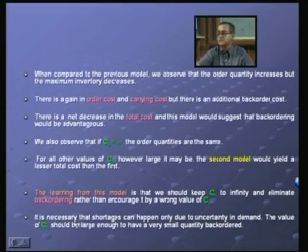So, it is necessary that shortages in practice should happen only due to uncertainty in demand, and if we want to plan back order at the planning stage of the inventory, then we need to keep a very large value of Cs. The value of Cs should be large enough to have a very small quantity back ordered. So, these are the things that we learned when we compare the first and the second models in inventory.